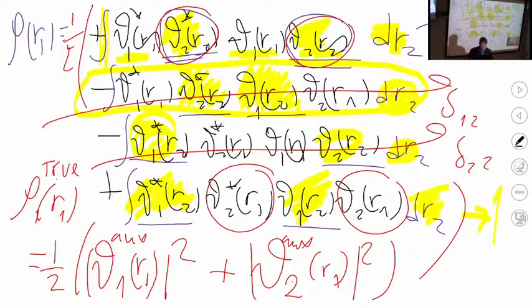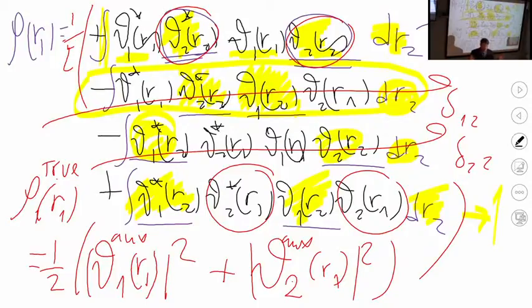So how do we interpret where we are? What do we have now? We have a procedure to create density out of wave function, right? So we do have total density.